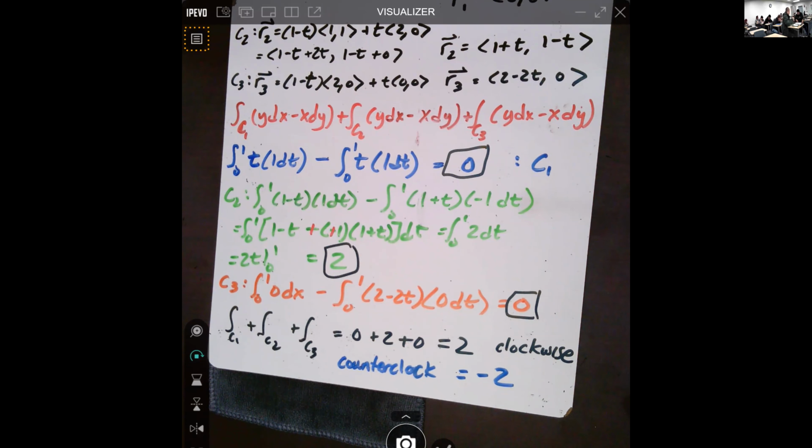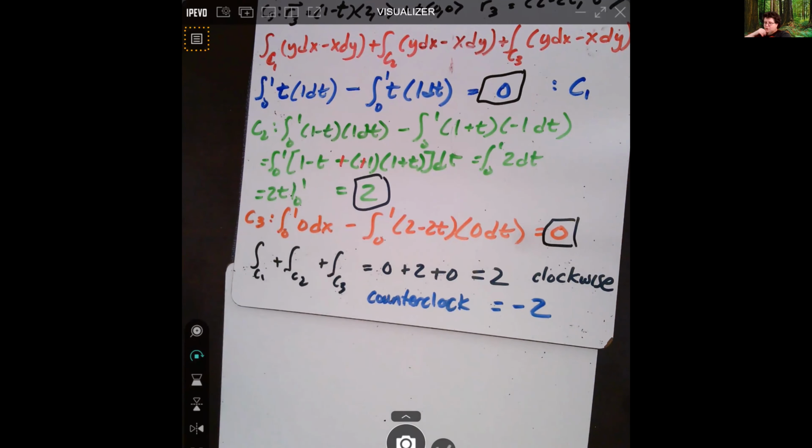It is going in a circular path, back to its starting point. We'll cover circulation later. I don't want to jump into that now with 3 minutes left. Plus, we'll look at it with conservative vector fields and stuff like that as well. That's coming up.